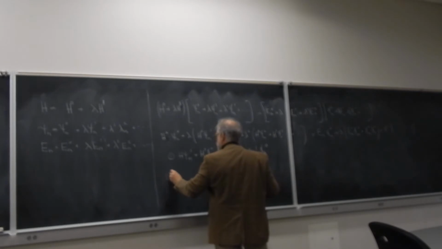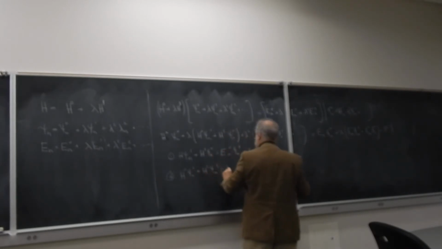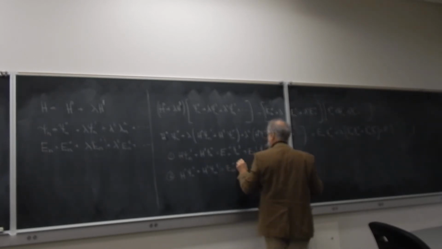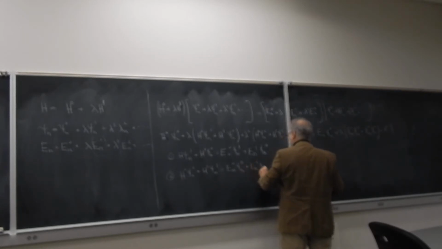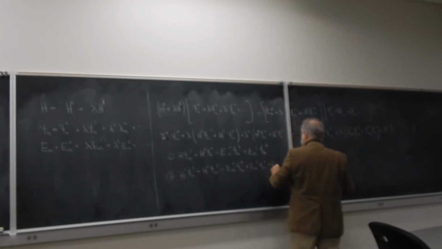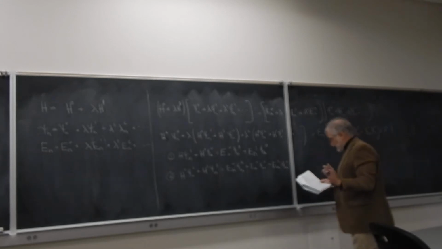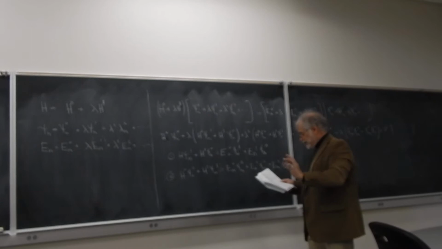To second order, it's a little bit more complicated: H0 psi n2 plus H1 psi n1 equals En0 psi n2 plus En1 psi n1 plus En2 psi n0. So now that all the orders are straight, we're just going to let lambda equal 1, and we're good to go.